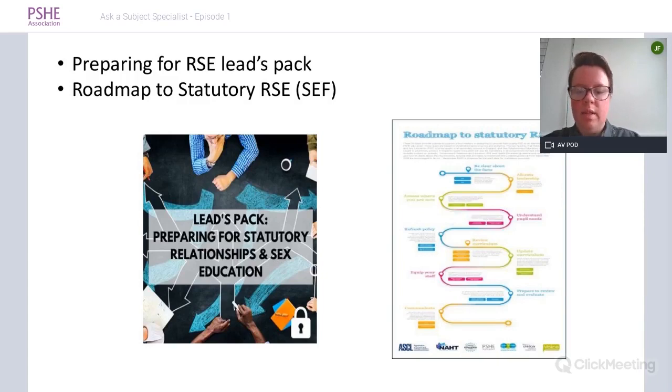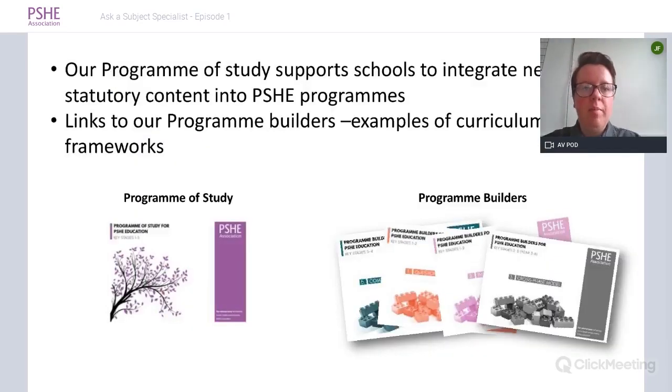In addition, our newly updated programme of study supports you to integrate the new statutory content into your broader PSHE programme. The statutory guidance is comprehensively covered by the learning opportunities for each key stage across the core themes: health and well-being, relationships, and living in the wider world.